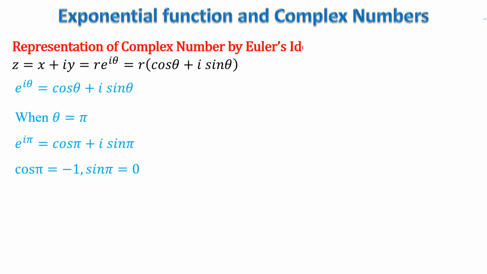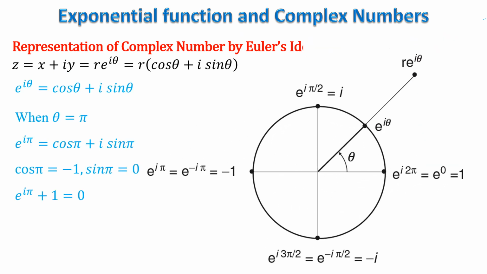Now here, for the same set of equations, I want to show you a diagram where e to the power i 2 pi is equal to e to the power 0, that leads to anything raised to 0 is 1. So this leads to a point here that makes a unit distance from the origin, and the position vector of that makes an angle 0 or 2 pi with the x-axis.